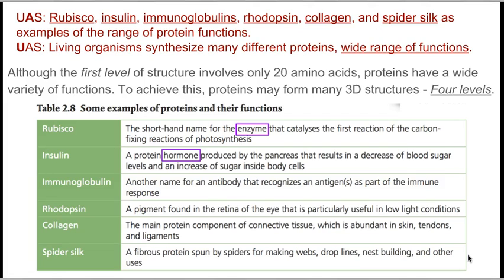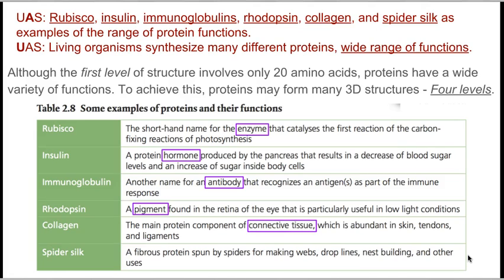Insulin is a hormone very important to regulate blood sugar. Immunoglobulin is part of our immune system, and it's an antibody. Rhodopsin is a pigment which is found in the retina of the eye, so it's important for low light conditions.